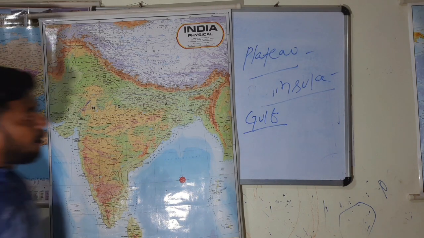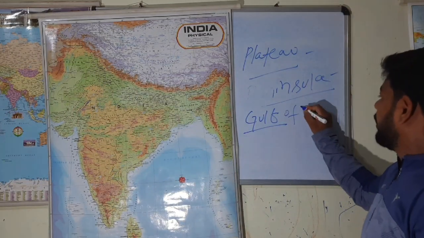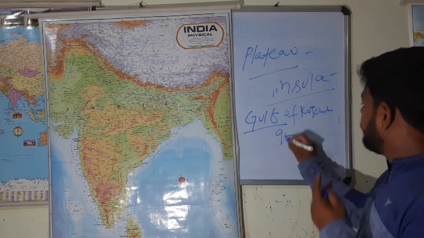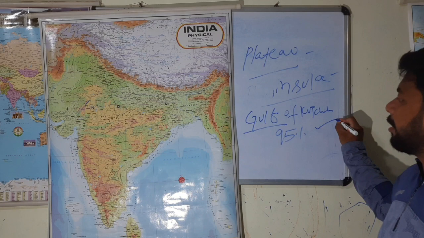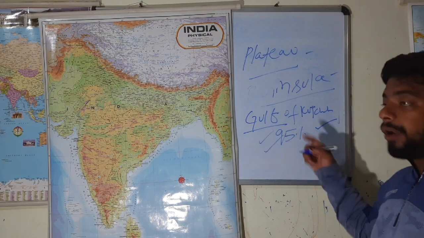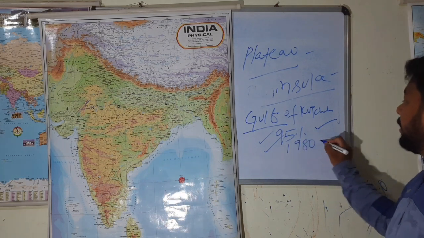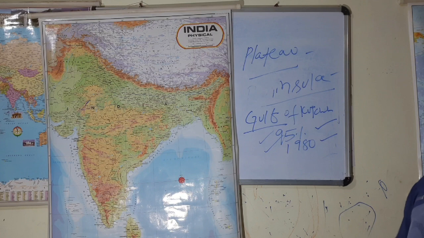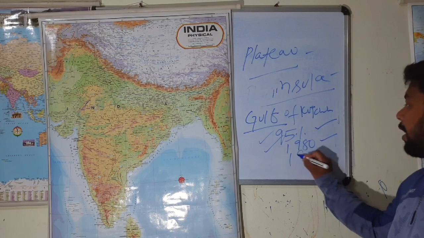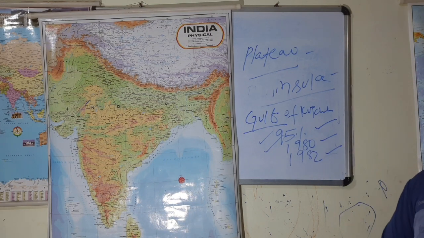So we have understood that 95% of the salt production of our country is extracted from the Gulf of Kutch, which is well known for extremely high tides. Further, in 1980 a National Marine Sanctuary was established, and after 2 years a National Park was also established in the Gulf of Kutch.